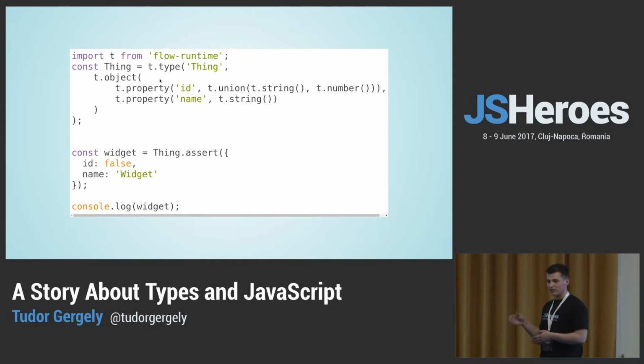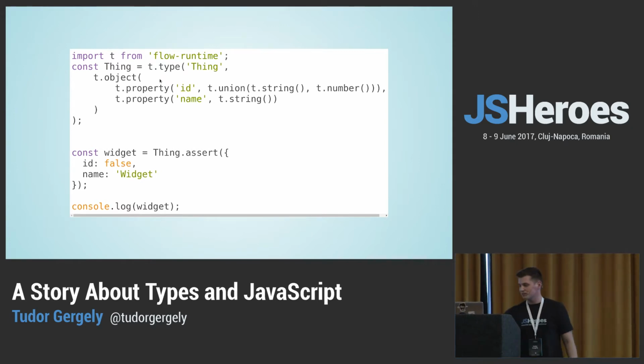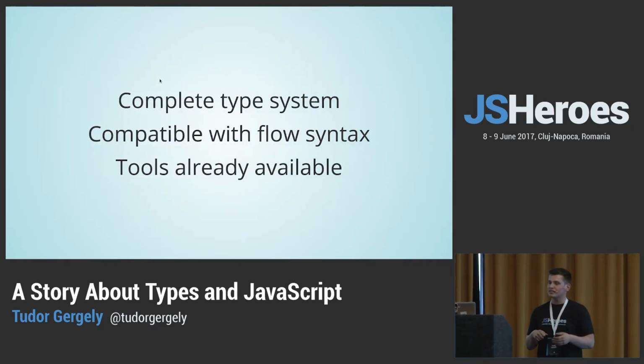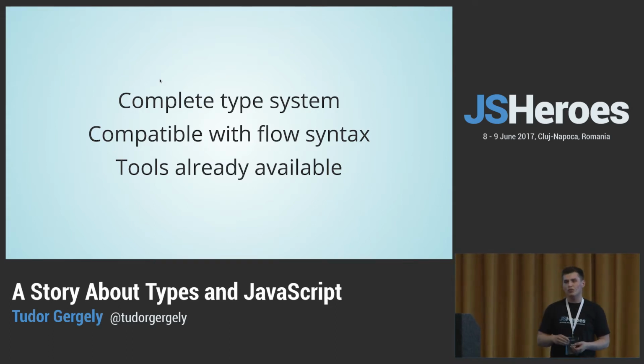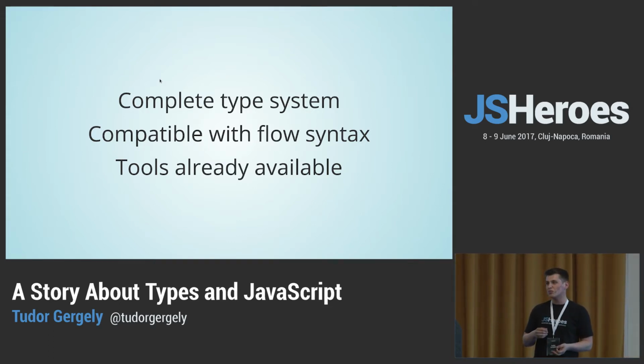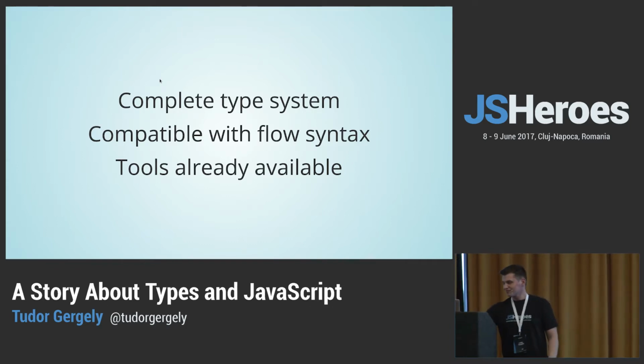You don't have to write any of this. When I write assert there, it will throw an error if that object does not respect the structure we just gave it. So this is really, really important. It has the complete type system, compatible with Flow syntax. And there are already tools available, and I think there's an integration with MobX, if anyone fancies that.